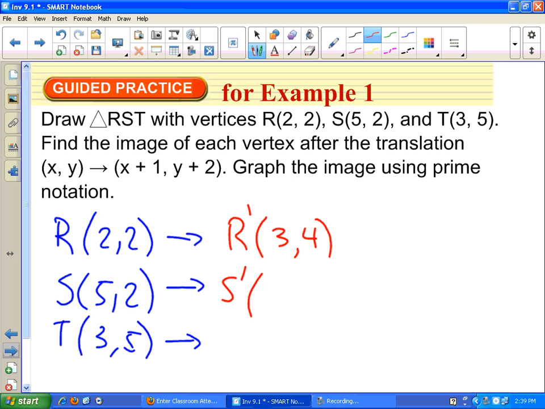S prime: 5 plus 1 is 6, 2 plus 2 is 4. P prime: 3 plus 1 is 4, 5 plus 2 is 7. Pretty straightforward.